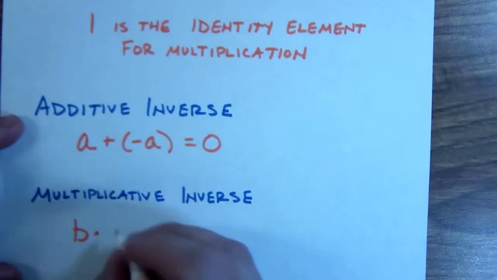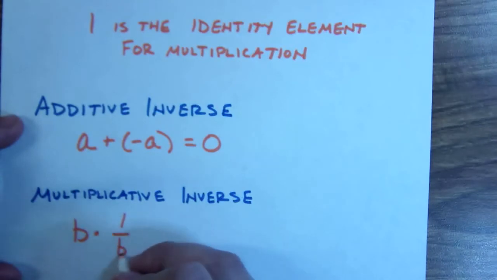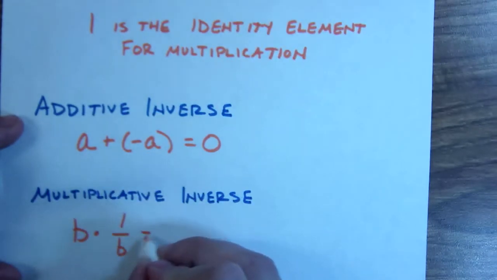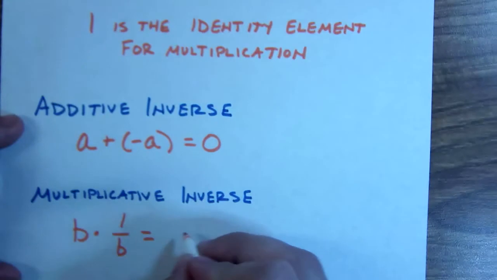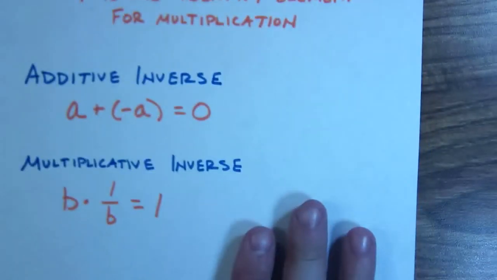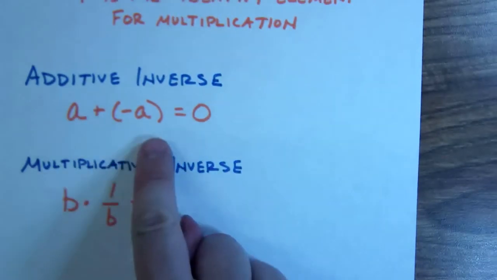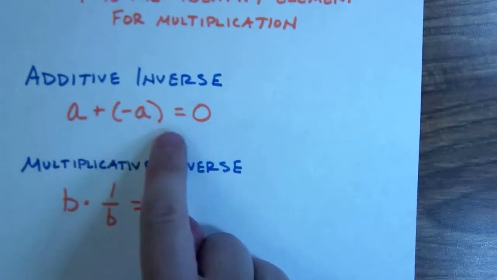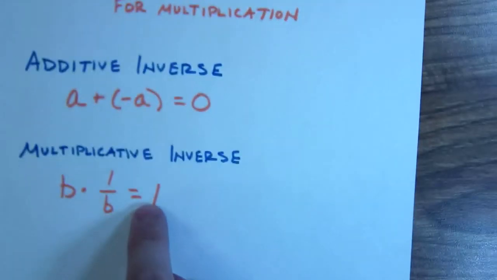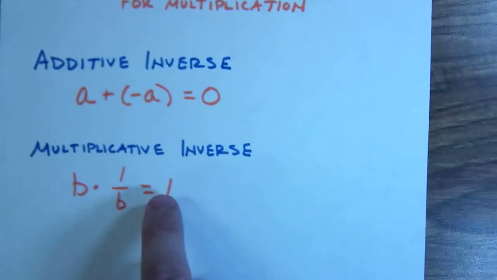B multiplied by 1 over B. What do you suppose that is? B times 1 over B? How about 1? That's the multiplicative inverse. Again, this one is used less, but still quite a bit, and this one's used all the time. It's unbelievable.